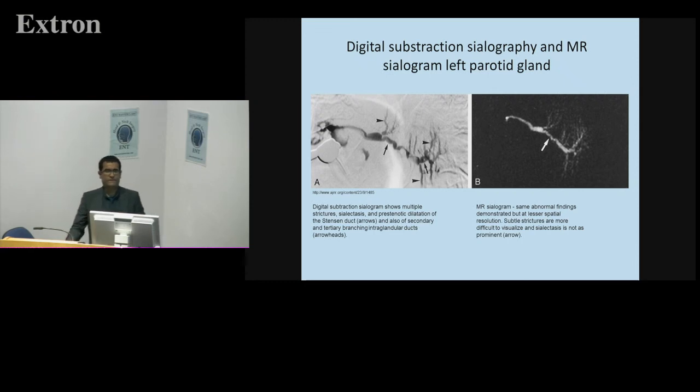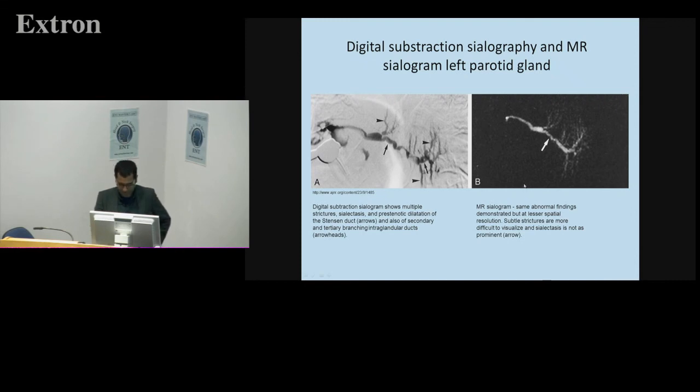There's also these techniques of sialography, so MR sialography, digital subtraction sialograms. It's not routinely done in all centers, but there is radiology expertise in certain centers that are quite keen on them. But I think compared to conventional sialography, it doesn't give you the definition.